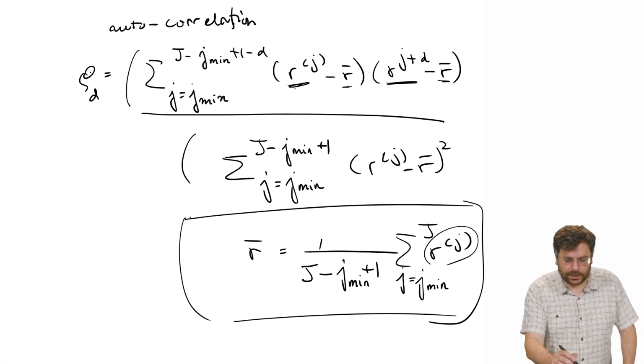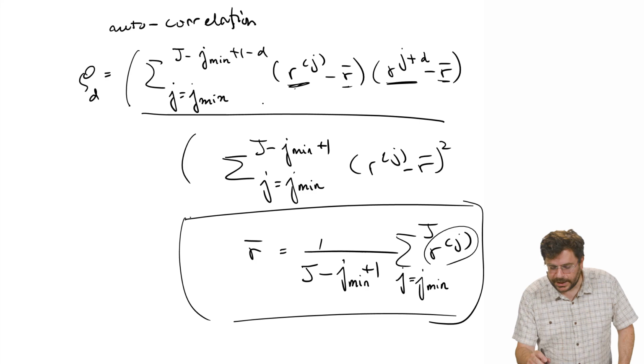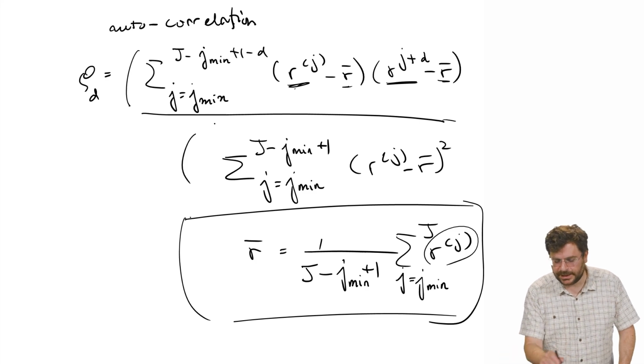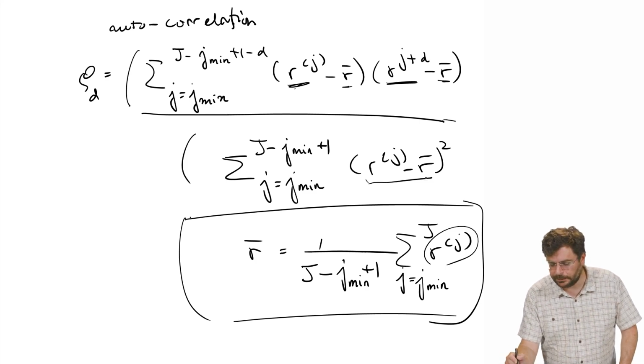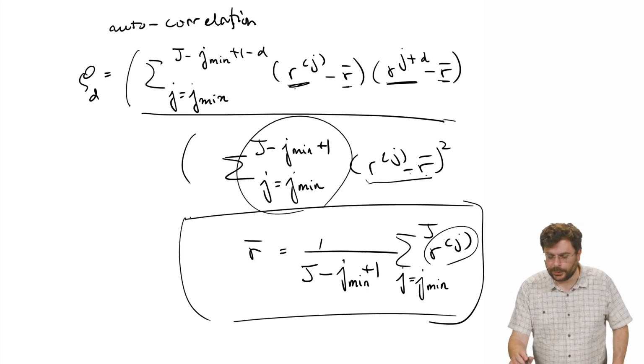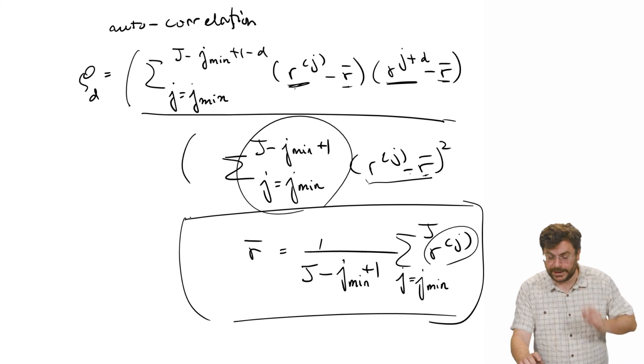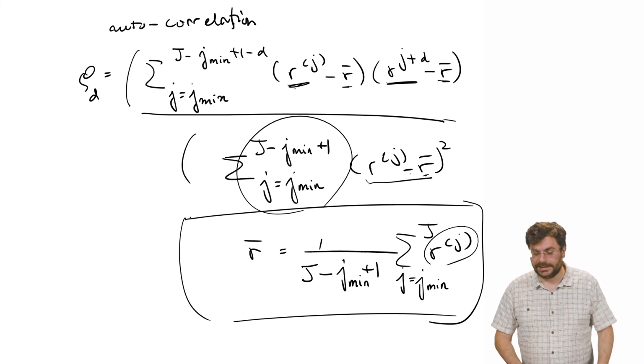And because you want rho of d to be somewhere between minus 1 and 1, you can guarantee that by dividing the whole thing by r j minus its mean squared over this region. In other words, the variance of r j over this region is in the denominator, and in the numerator is the difference between r j and the mean, and r j plus d and the mean.